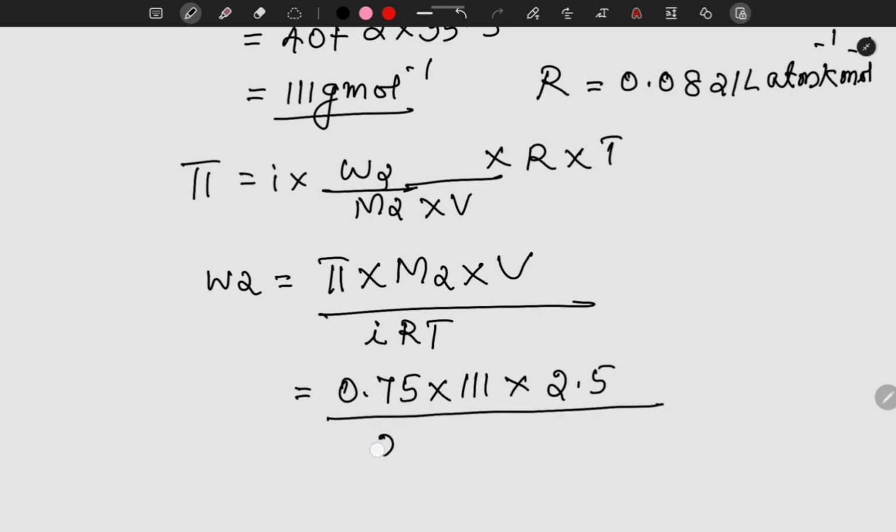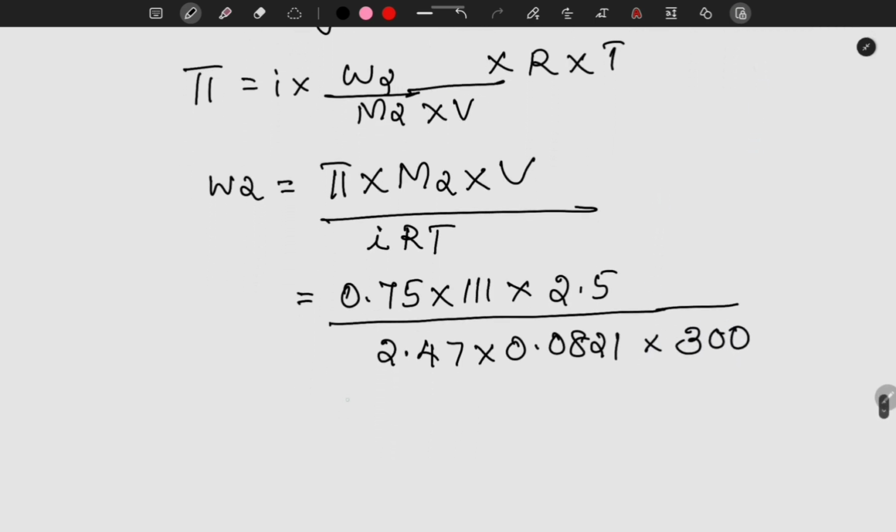Van't Hoff factor is 2.47 and universal gas constant 0.0821 liter atmosphere Kelvin raised to minus 1 mole raised to minus 1. Next temperature 300 Kelvin. So when we simplify this, we will get 3.42 gram. This is the mass of calcium chloride.